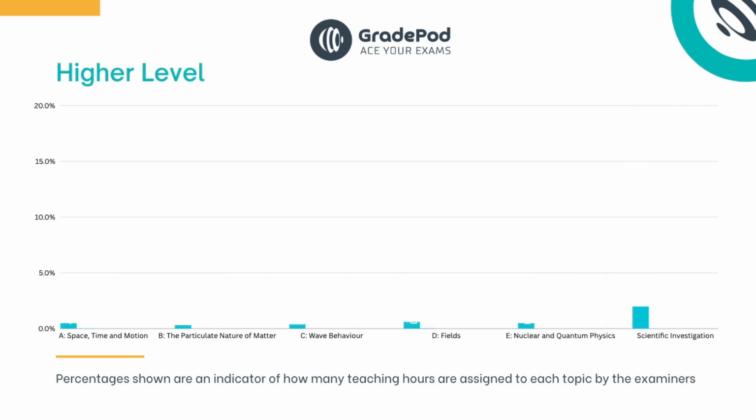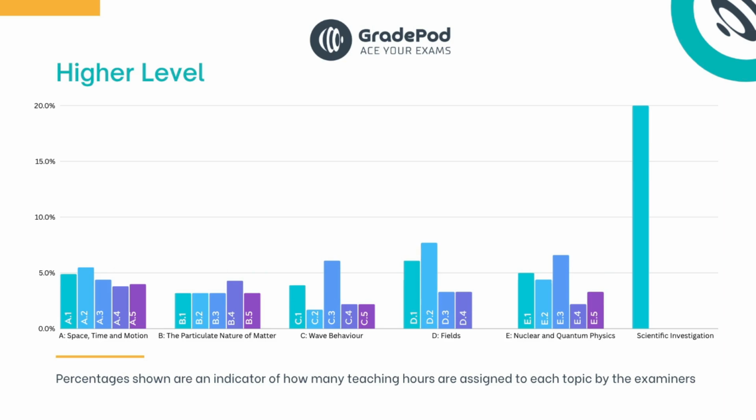Let's head to the higher level now. The higher level is slightly different because there are more topics, so that means that each topic will be weighted slightly less. The pattern shows that space, time and motion is relatively heavily weighted in comparison to the other themes, so you'd want to make sure you have a decent understanding of that whole theme. And again, A2, forces and motion, seems to have more of a push there.